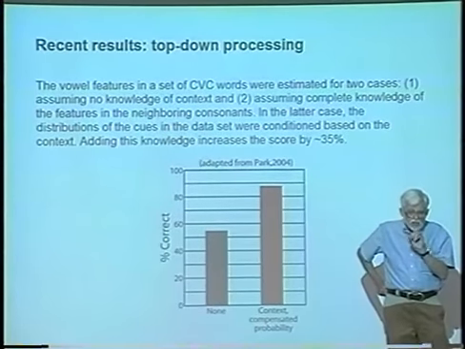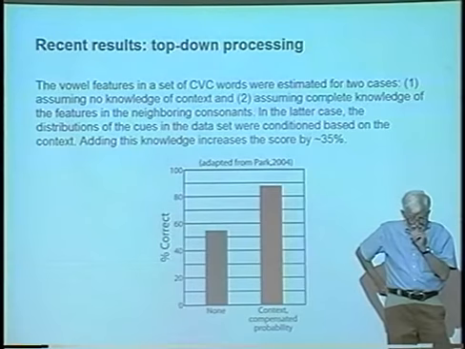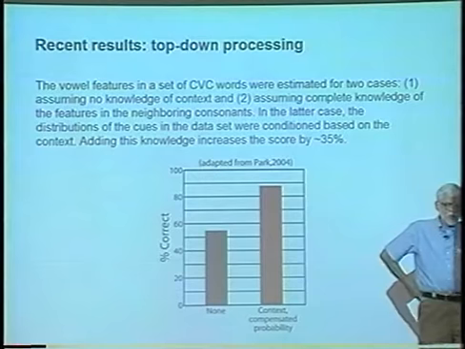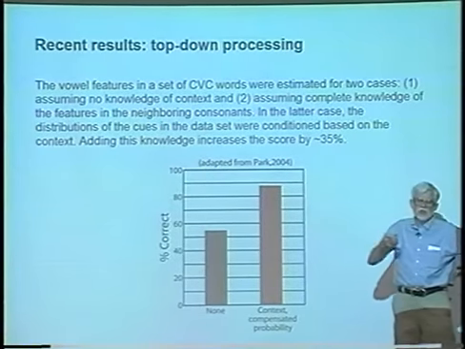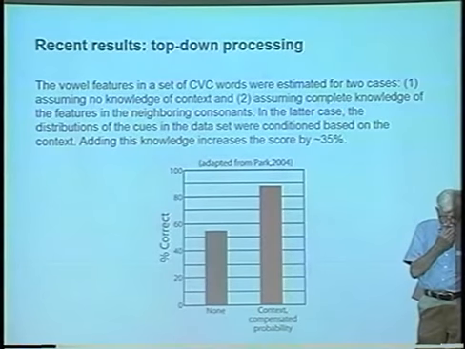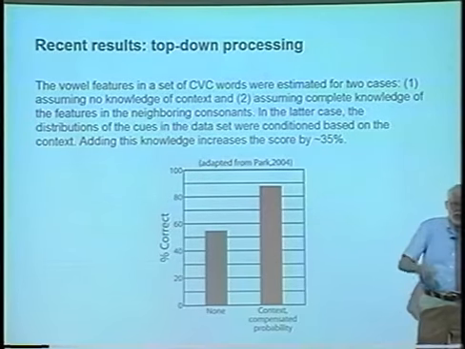And let's make it even simpler and say, let's see how well you would do if you knew what the consonant context was, and all you're trying to do is find the vowel. So maybe two situations. One, you're just looking at the vowel and trying to identify it. And second, you are making use of your knowledge of the context and trying to identify the vowel.